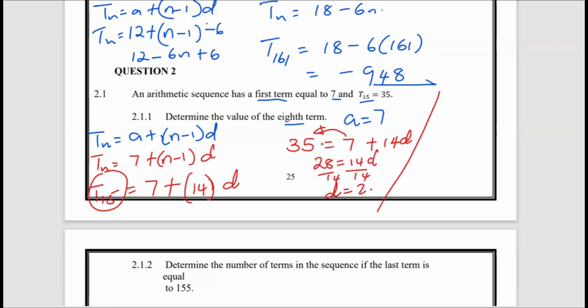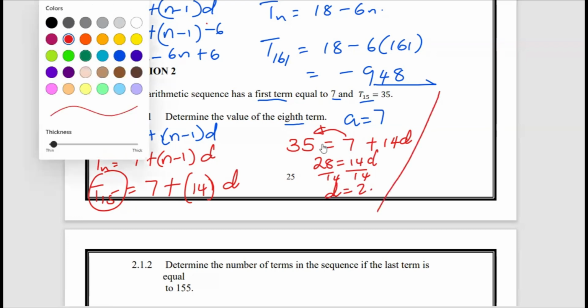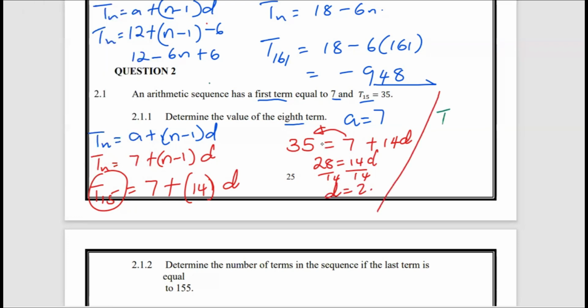Then if the d value is 2, we can go ahead and find T8, which is going to be a plus 7d, because it's going to be a plus 8 minus 1, which is 7, and then d. So we know that our a was 7, plus now 7 times 2. So that's going to be 14 plus 7, which is 21. So T8 becomes 21.